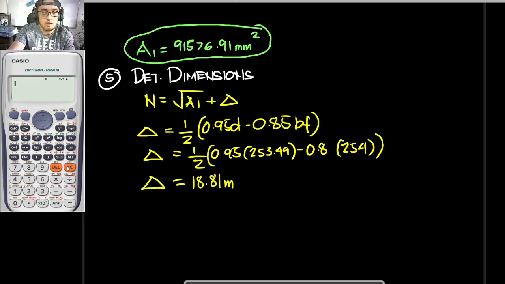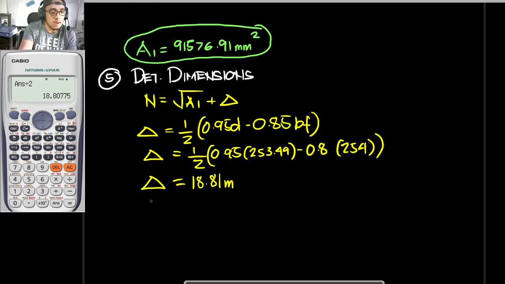Okay, so ulitin ko lang ang ating solution for delta para lang sigurado tayong hindi ako nagkamali sa aking calculation. So 0.95 times 253.49 minus 0.8 times 254 divided by 2. So 18.81. Okay.